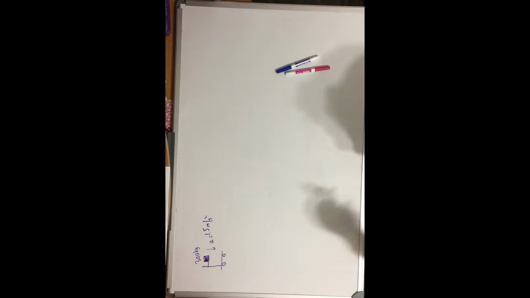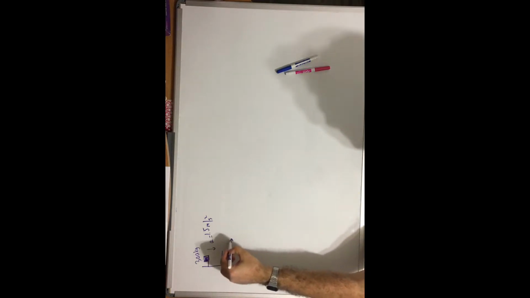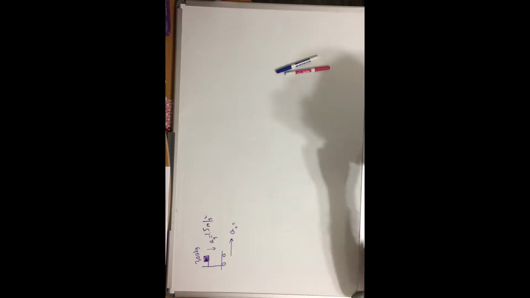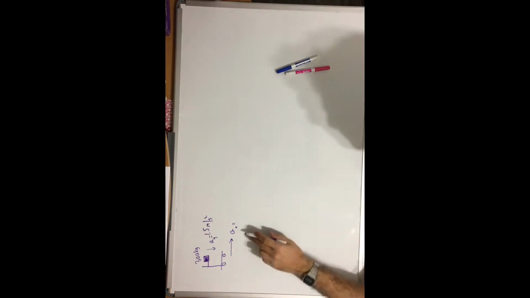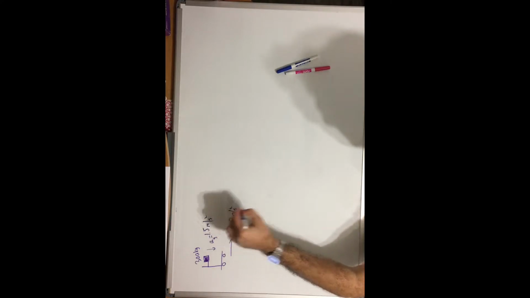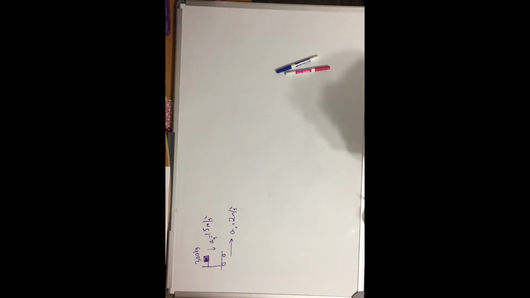They also tell us that in the next part it is also accelerating, so that's your ay and that's your acceleration ax, and that's going to move to the right with 2 meters per second squared.